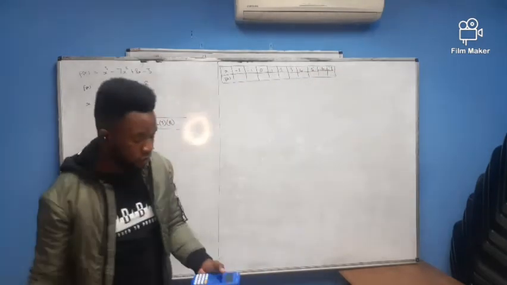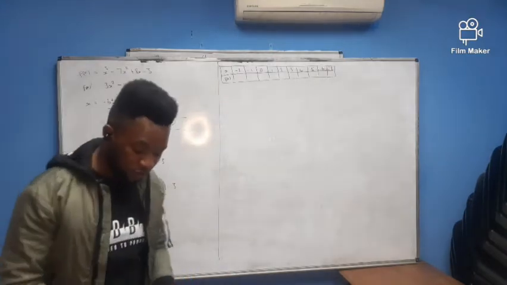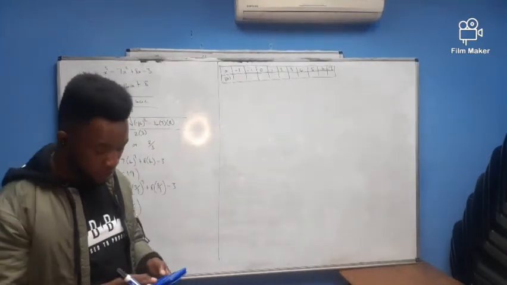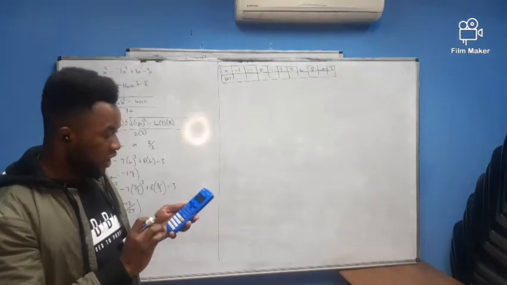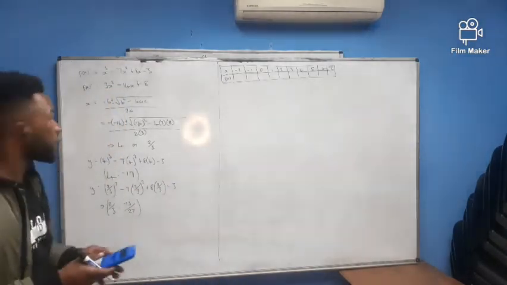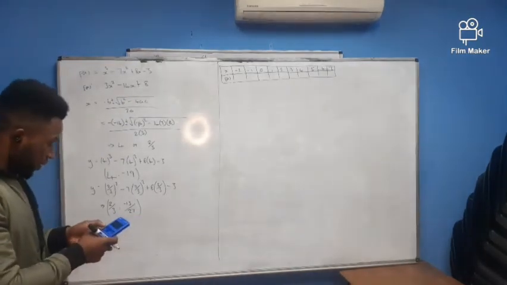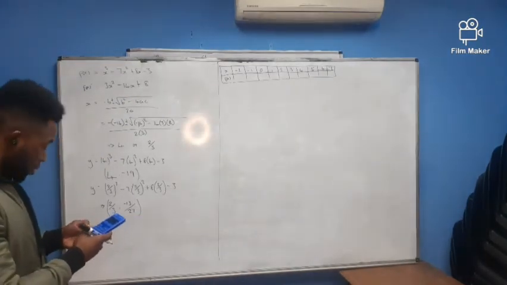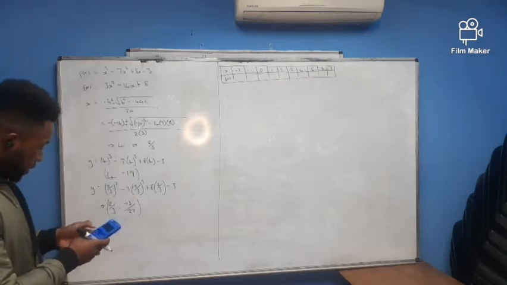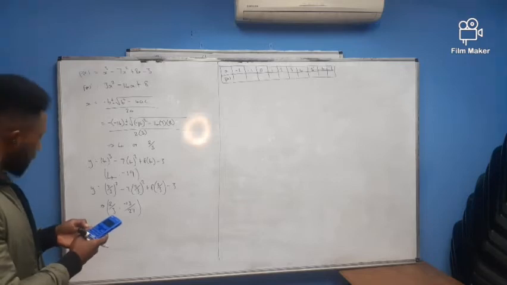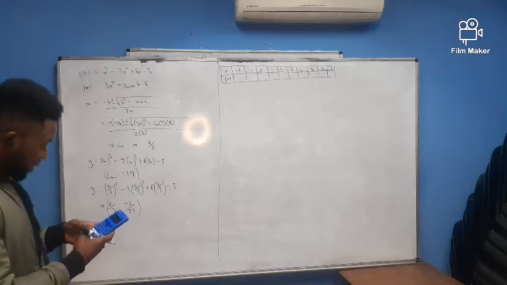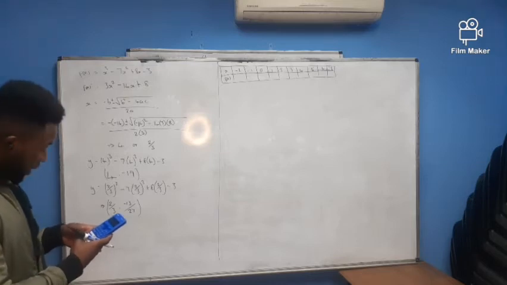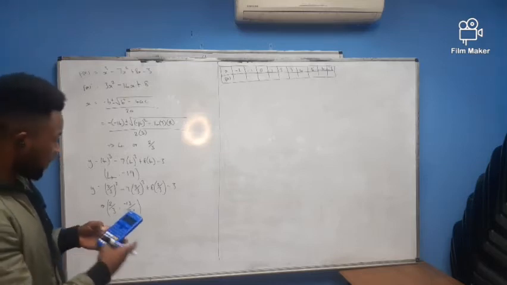To get your values on the table, you just punch on your calculator. You say table on your calculator using the Casio, and then 3, you punch the whole equation that we have, which is x cubed minus 7x squared plus 8x minus 3, and then equals 2. It starts at -2, it ends at 7, and I'm going to use my step as 1.